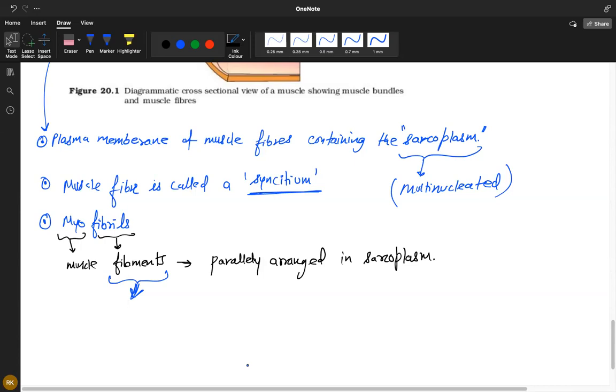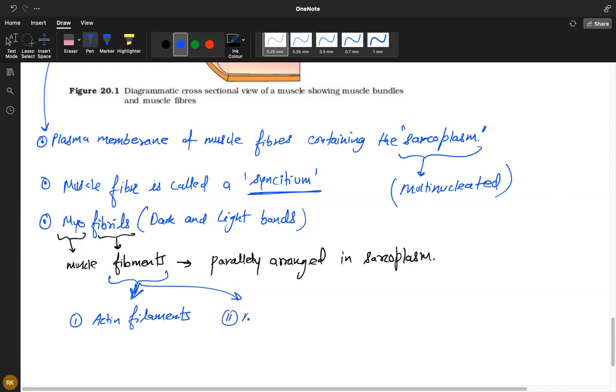Okay. So these filaments, which are arranged parallelly in our sarcoplasm, first write down: these myofibrils or myofilaments have dark and light bands on them due to the presence of actin filaments and myosin filaments.